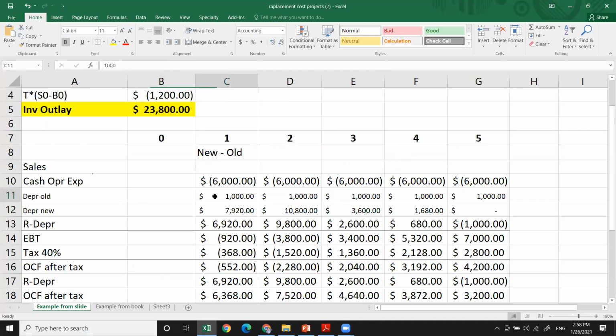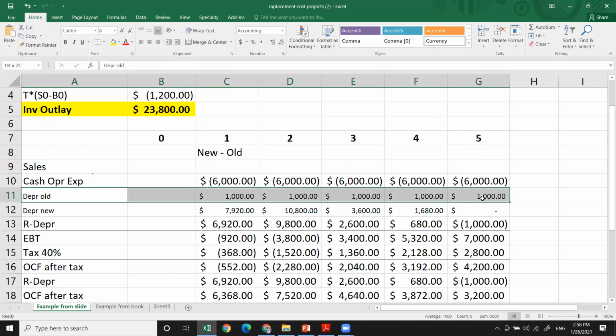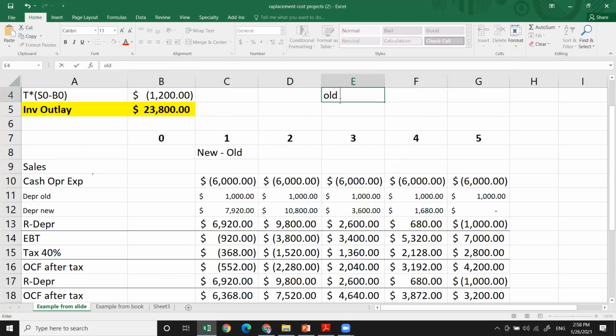Okay, sure. Now, the old depreciation, it's for the old equipment. Is that clear with you now? I will write it here. Old equipment is 15,000, and each year annual depreciation will be 1,000.